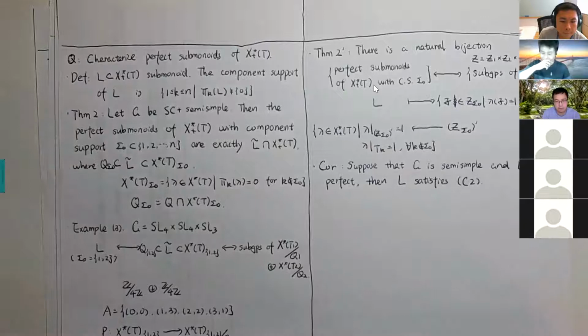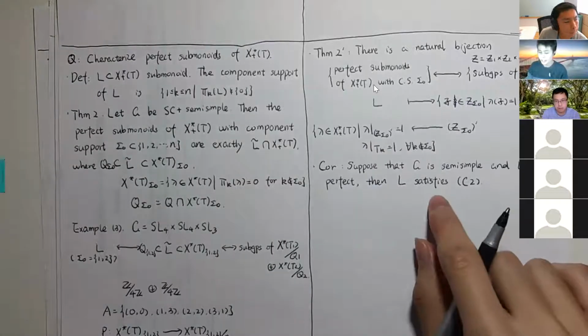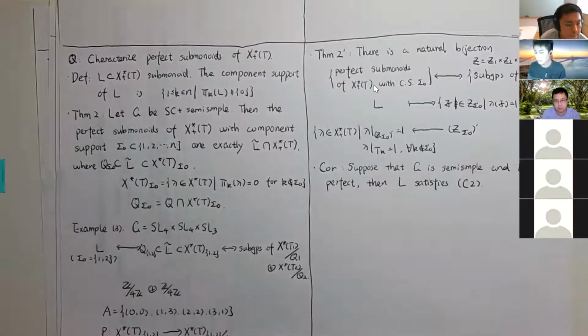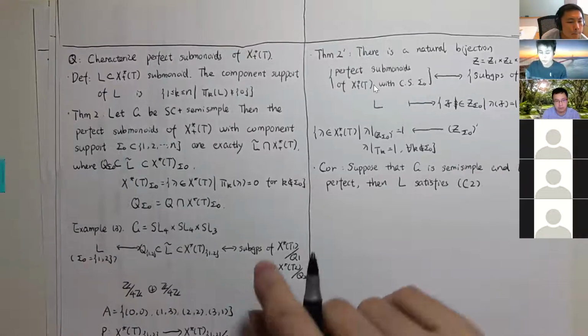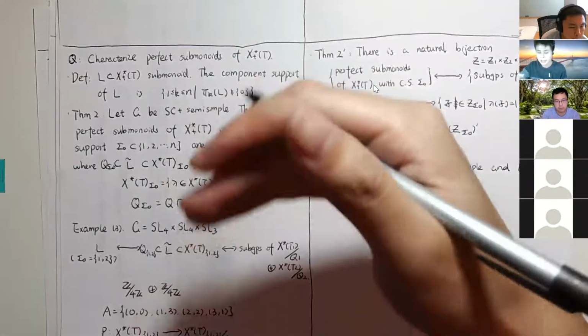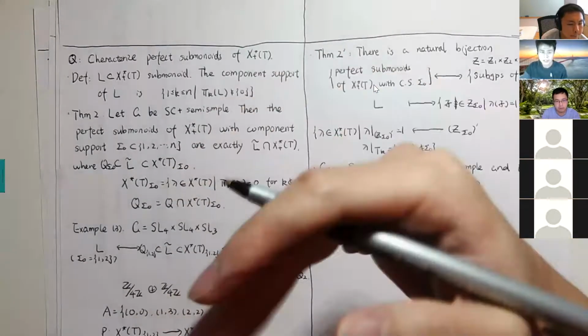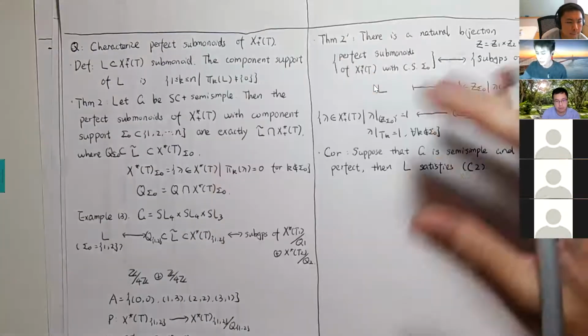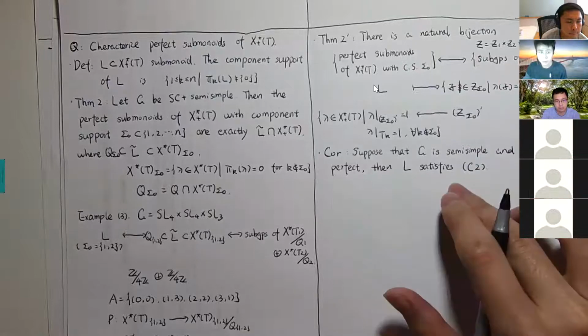One thing I want to mention is that first we proved L implies C1, which is finally a case-by-case argument, and we used that to characterize the perfect submonoids, and we use this characterization to show L implies C2.